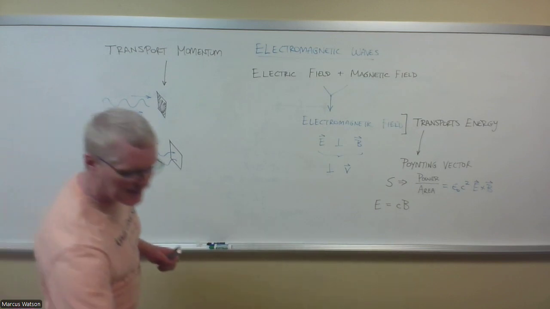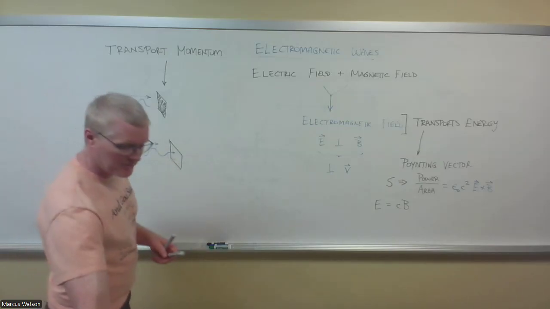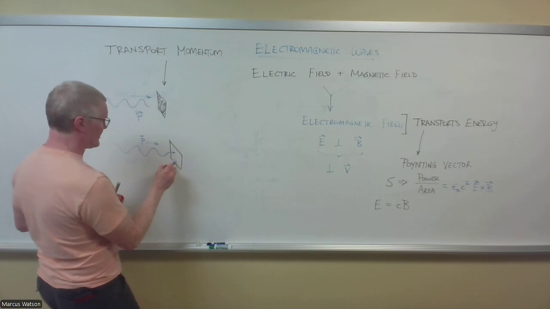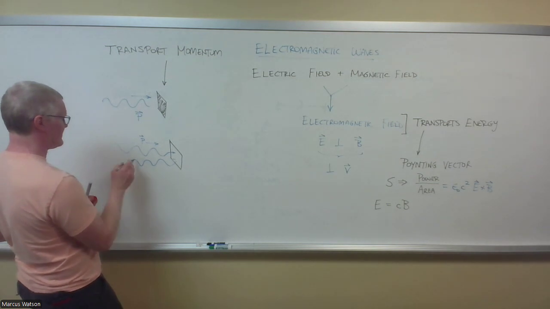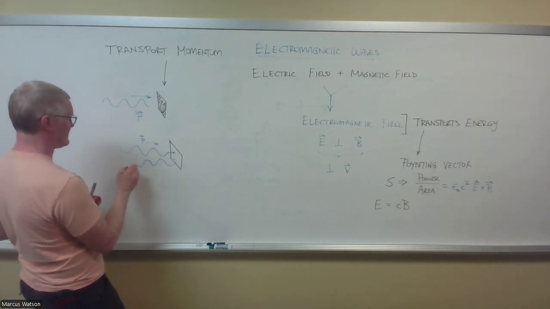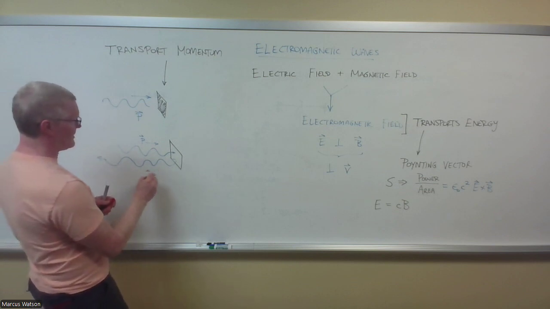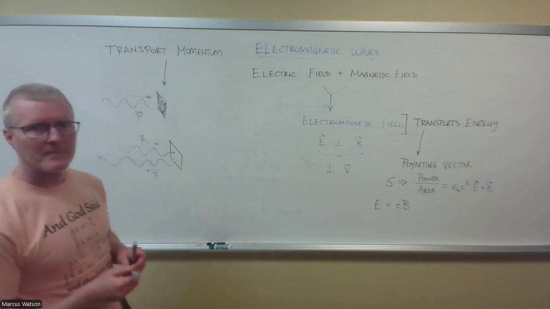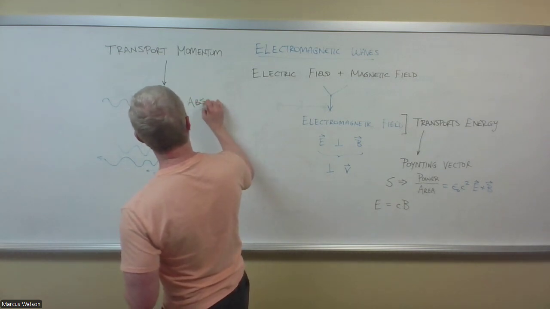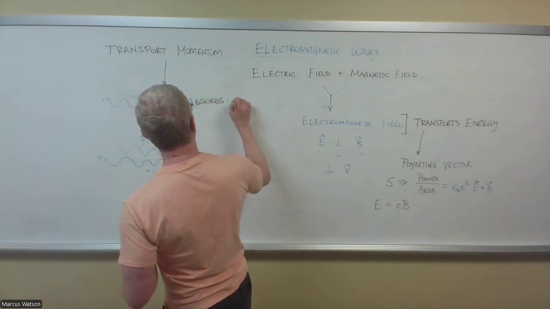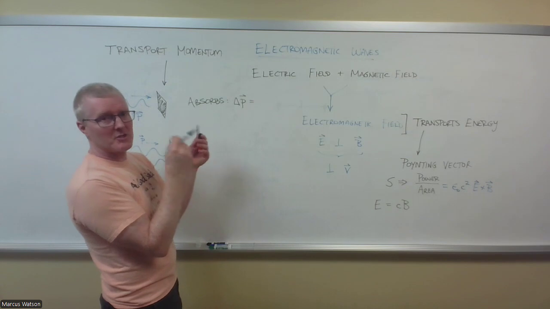And I have got that slightly wrong because I am a little pedantic about this. I'm going to go ahead and get this right. Like so. So this is the outgoing wave, and it still carries the same momentum. Therefore, when it absorbs here, the change in momentum is essentially the final momentum minus the initial momentum, right?